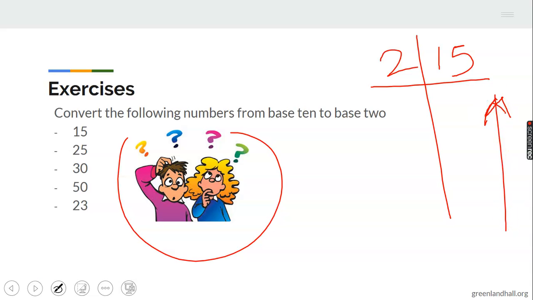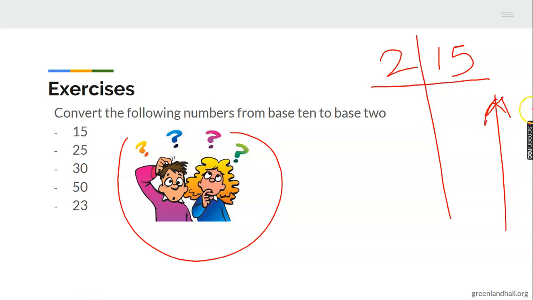Remember, when you're through, you read from down to the top. And once you do that, it means you've gotten your answer. Easy peasy. So I would like you to lay your hands on these exercises. Have fun and play with these numbers. Remember the things we've learned. They are very important in helping you understand binary conversion.